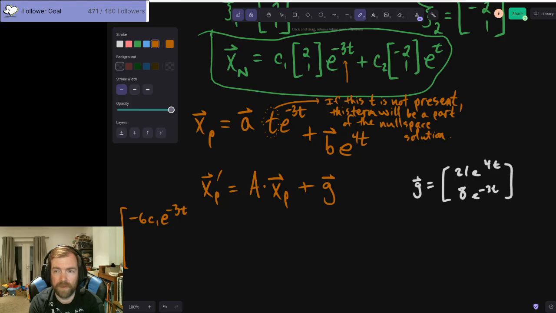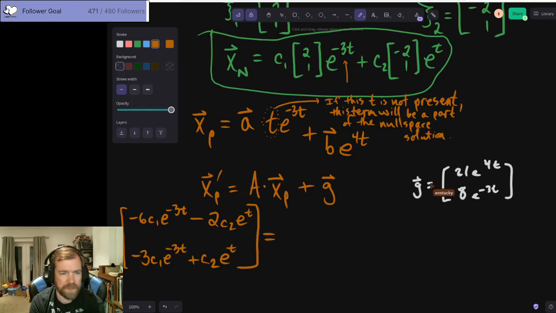And the second one is just going to be e to the t again, so we get a minus 2c2 e to the t. And second row, again, negative 3 times 1 is going to be negative 3 c1 e to the negative 3t. Plus e to the t is just by itself here, so c2 e to the t. All right, got our left-hand side.